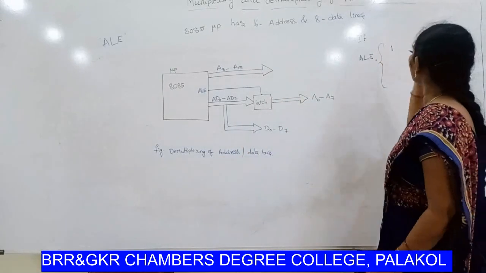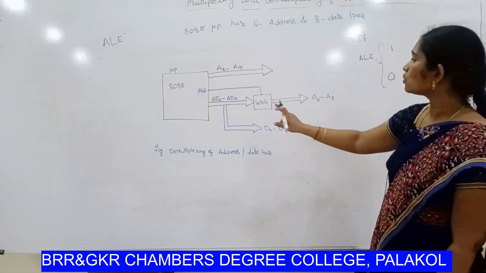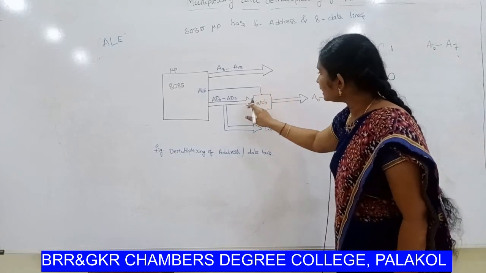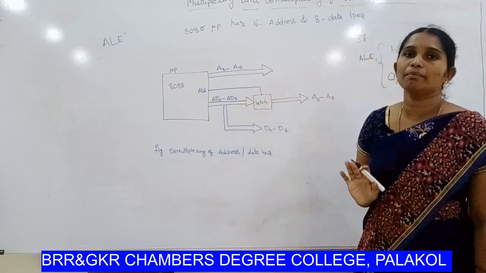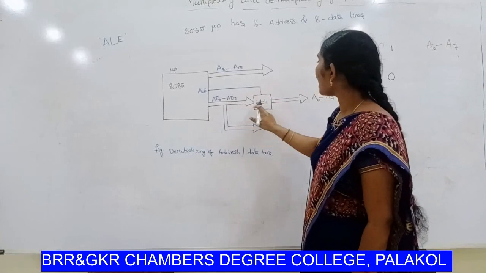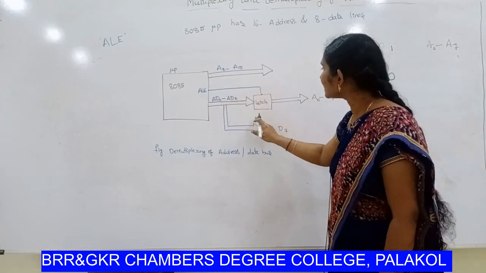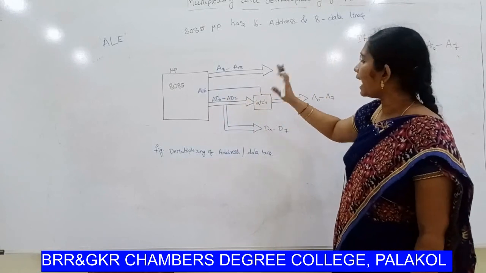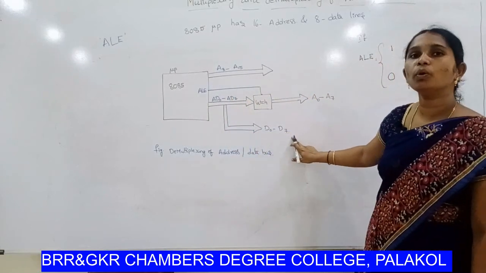If ALE is equal to 0, that means this latch is disabled. Here this latch will store the address, that means A0 to A7 is stored in this latch, and the late part will send D0 to D7.